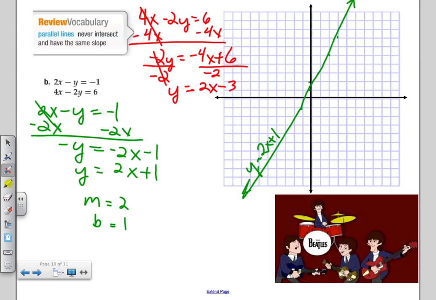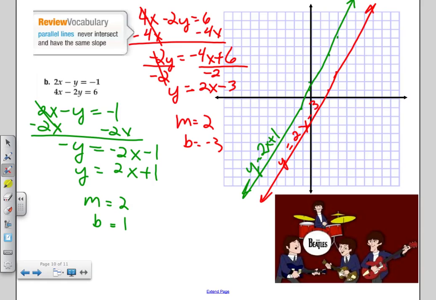Okay, and we'll graph that. So m is 2, and b is negative 3. So here we are at negative 3, and a slope of 2 over 1. So we'll go in a positive slope, up 2 over 1, up 2 over 1, up 2 over 1. So this is y equals 2x minus 3.